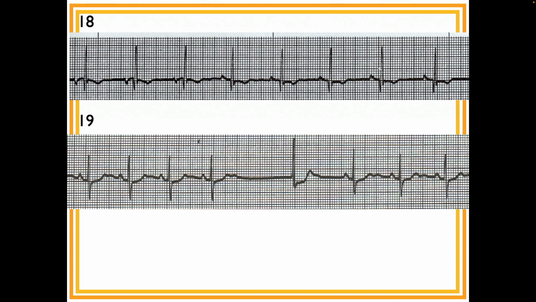Now, there's two ways to say it. Normal sinus with a junctional escape, you're done, you're fine. However, Harrison is correct. There is a sinus pause that caused this ectopic focus to become irritable. So you could say normal sinus with a sinus pause and a junctional escape.